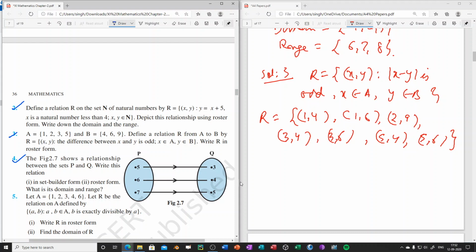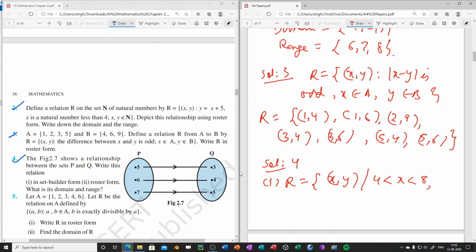Let us start solution number 4. Here, first part, R equals the collection of all ordered pairs (x, y) such that 4 is less than x and x is less than 8, x belongs to N. If we solve this, we will get 5, 6, 7, because they are the natural numbers between 4 and 8.